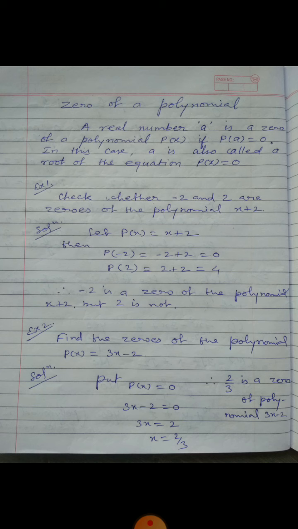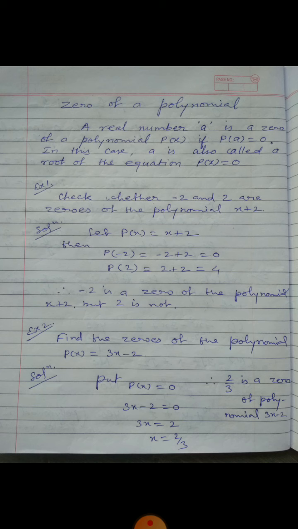Find the zero of the polynomial p(x) equal to 3x minus 2. For finding the zero, on a particular value of x our polynomial becomes 0.